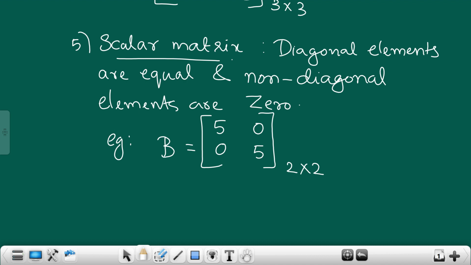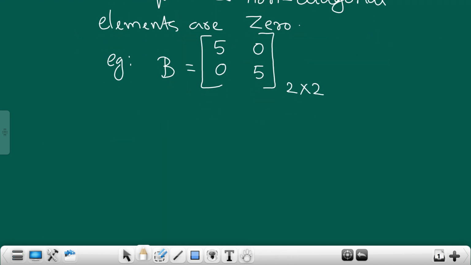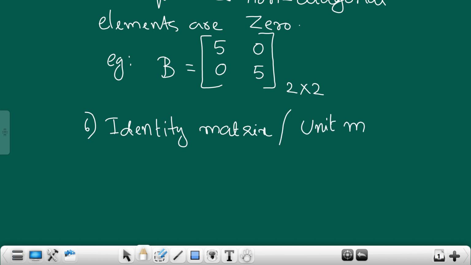Next one, identity matrix or unit matrix, the sixth one. A square matrix in which the elements in the main diagonal are all 1 and other elements are 0 is called an identity matrix or unit matrix.